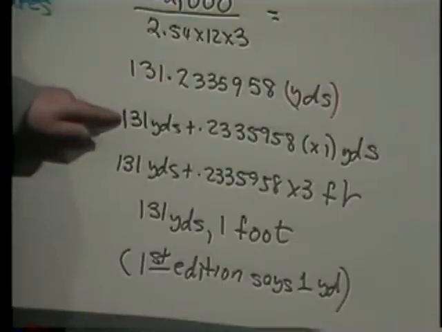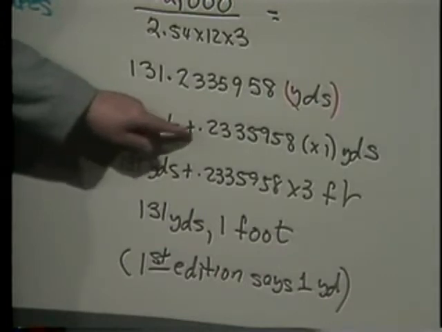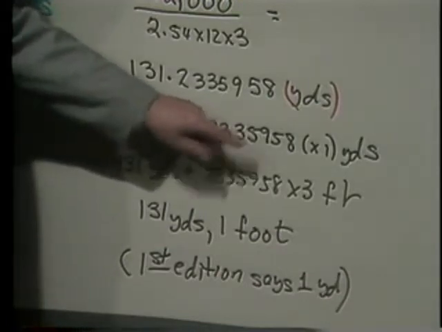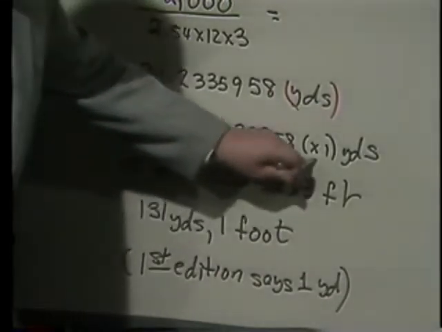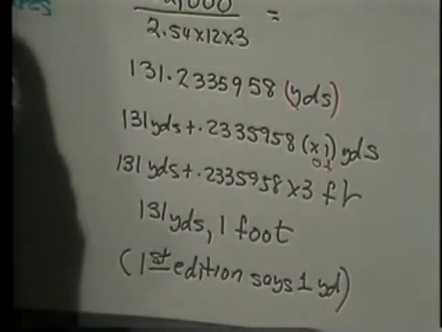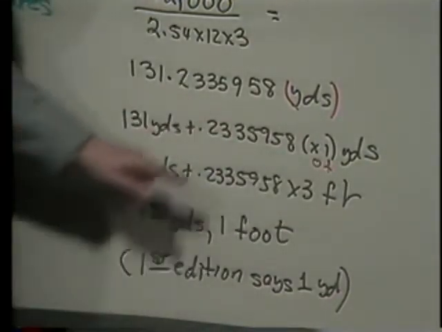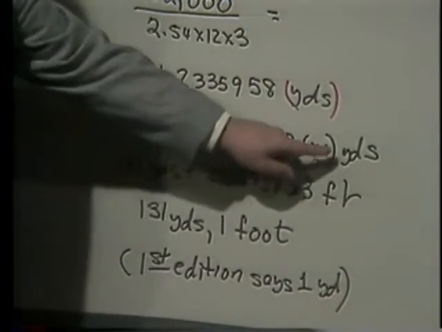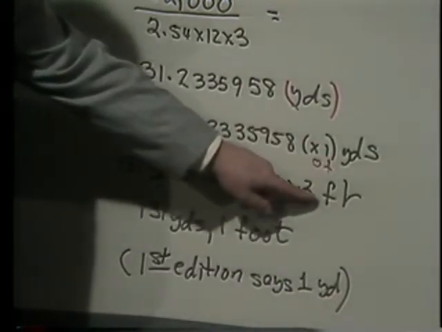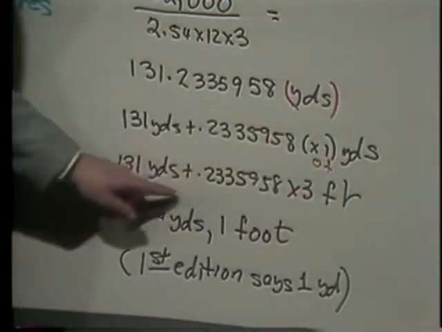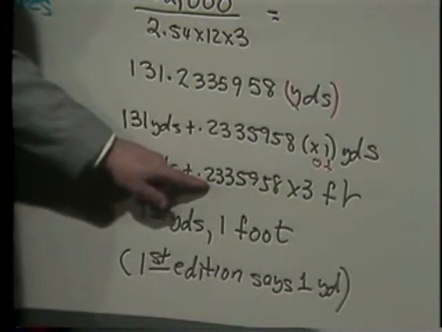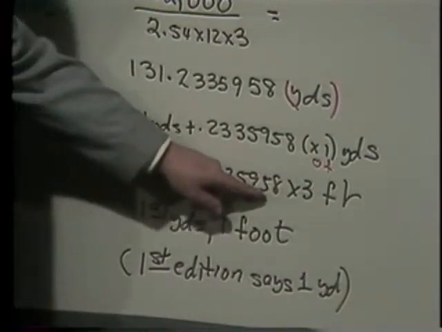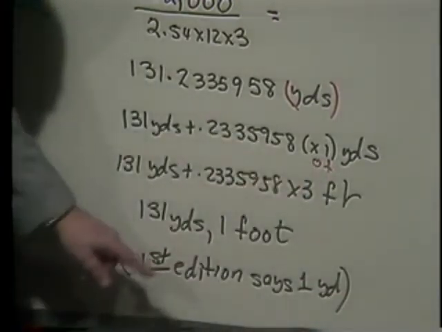So in other words, I look at this and it says what? It's 131 whole yards plus 0.2335958 of another yard, and of means times 1 in this case. So now I remember that there are what? This is the English system. I remember that since there are 3 feet in a yard, the fractional part is 0.2335958 of 3 feet.